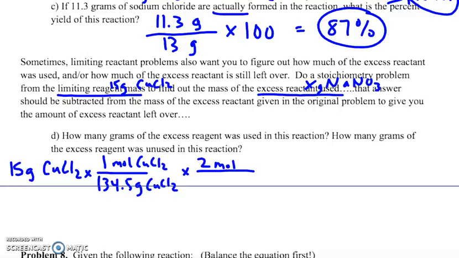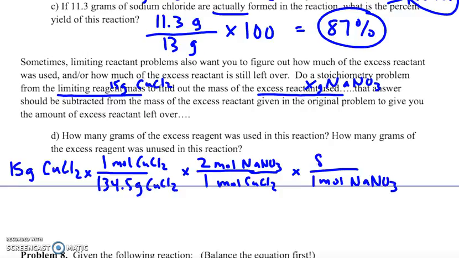There are 2 moles of NaNO3 in the balanced equation to 1 mole of CuCl2. That's the coefficient, again, the coefficients from the balanced equation. And now we want to convert moles of NaNO3 into grams, so we need the molar mass, which is 85.0 grams NaNO3 in 1 mole.